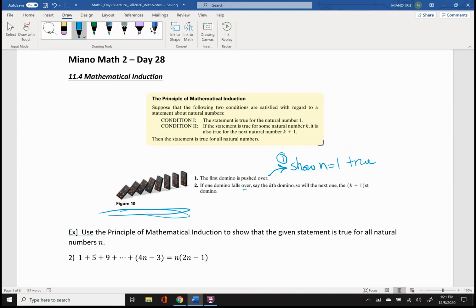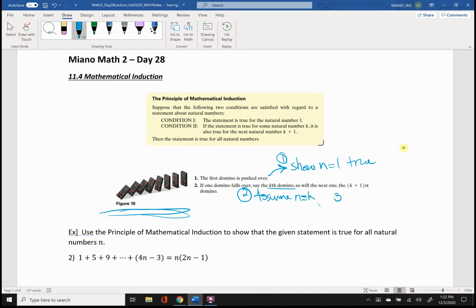Step 2 will be assume that n equals k is true. It may be a little silly to think about, but we just have to replace n's with k's in the relationship that's given. Yes, that's exactly it. We replace n's with k's and assume that relationship is true.